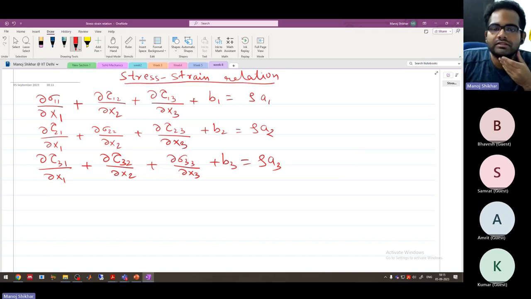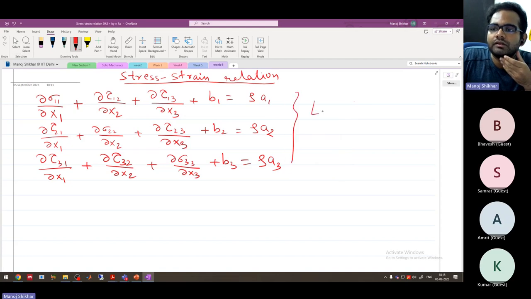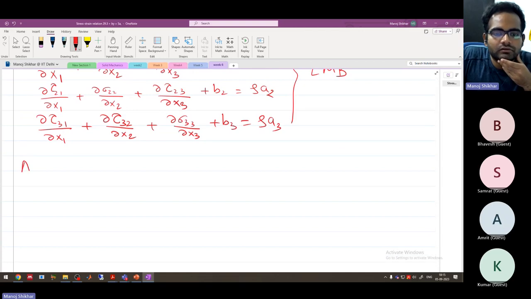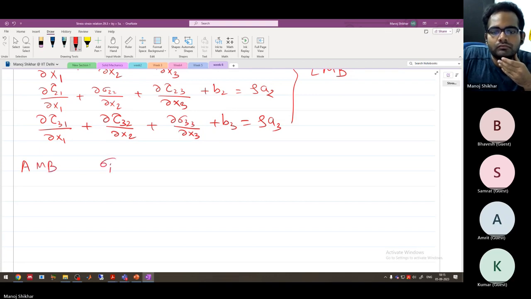If you look, this is the linear momentum balance, LMB, and from AMB we know that off-diagonal elements are equal. So this is what we get from AMB.